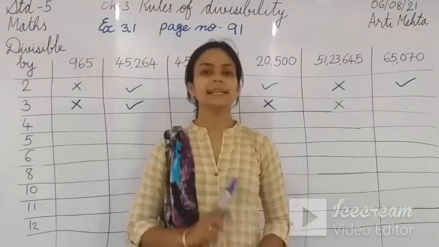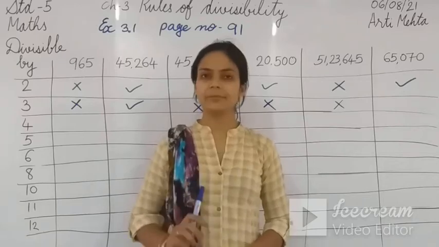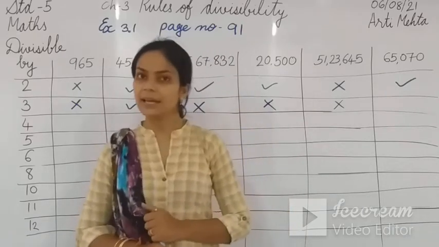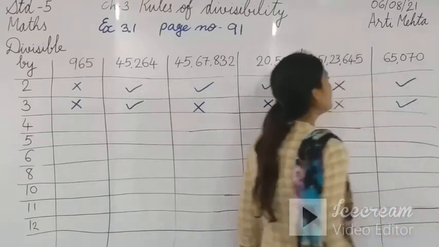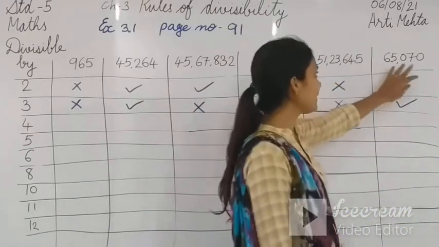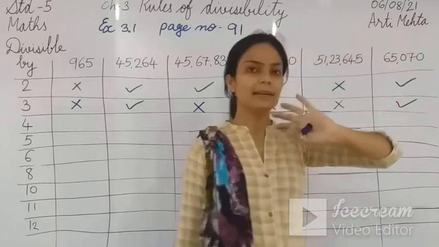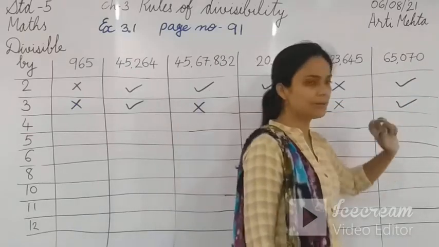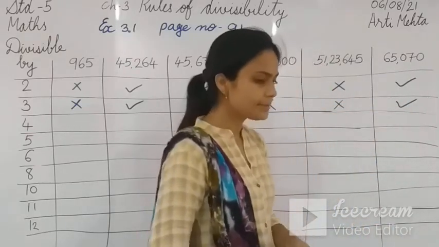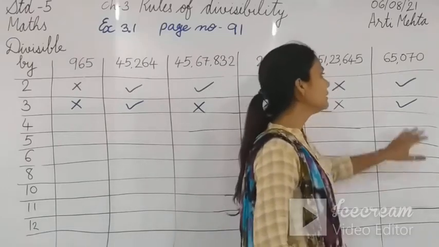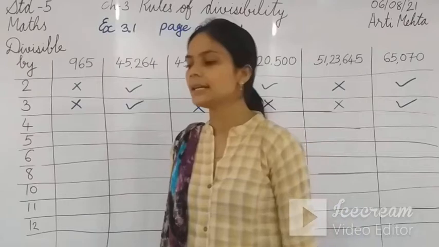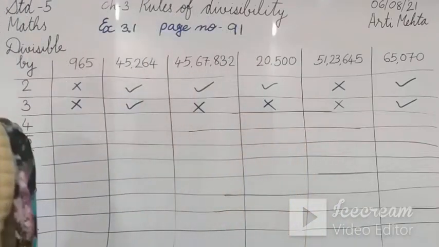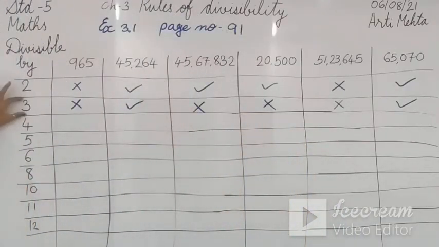Yes. 3 6s are 18. 18 minus 18, remainder will be 0. So we can easily divide 65,070 by 3. Okay, remainder will be 0. So it is divisible by 3. 65,070 is divisible by 3. Okay, so ये हुई 3 की divisibility.